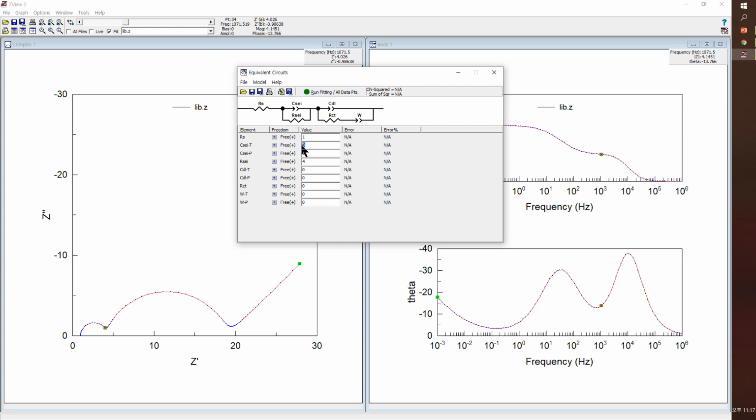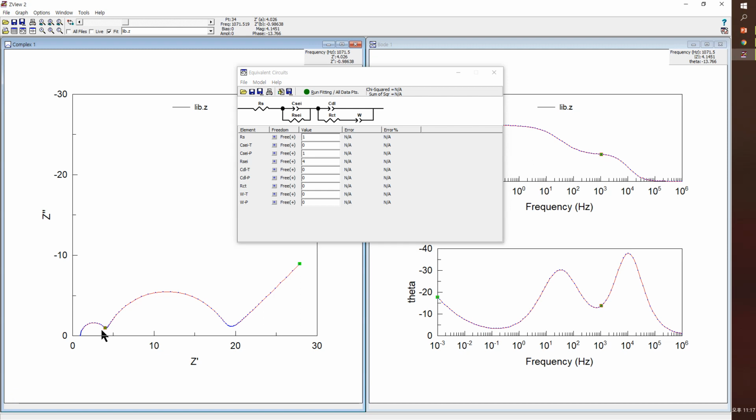And then you have learned about how to guess the value of T in the CPE or Warburg, right? So how can you expect the capacitance value?